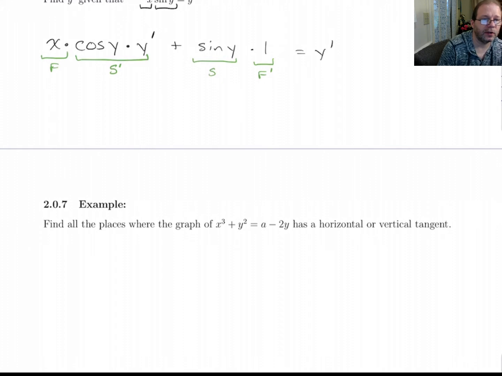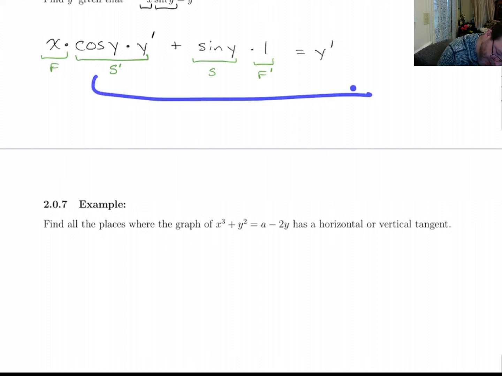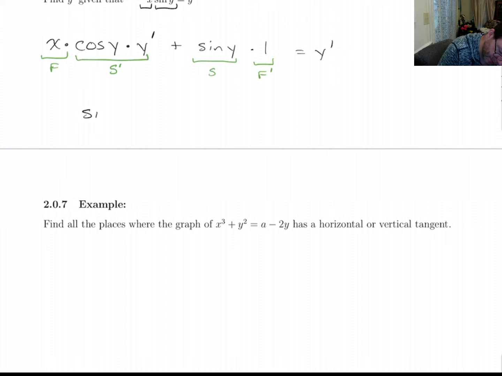So let's see. Actually, no, I'm just going to take this and move it to the other side. So over here, we still have sine y. On the other side, we've got y prime minus x y prime cosine y.